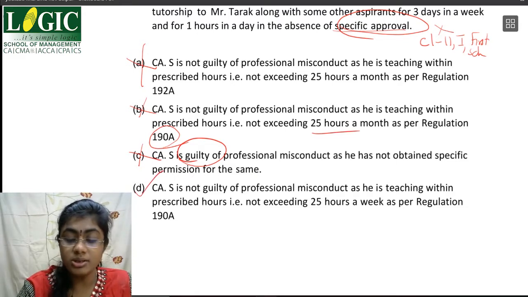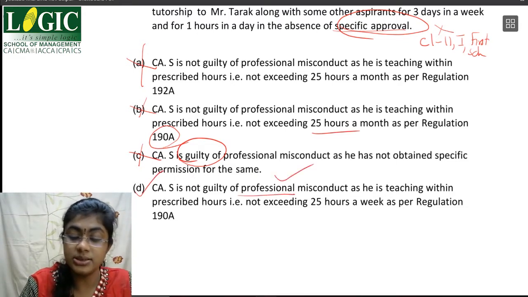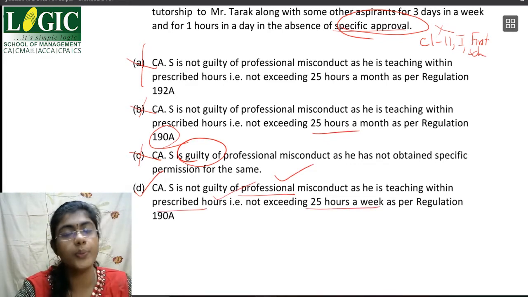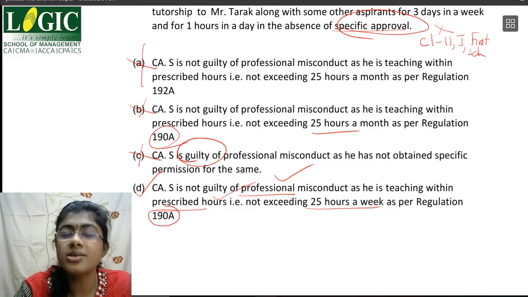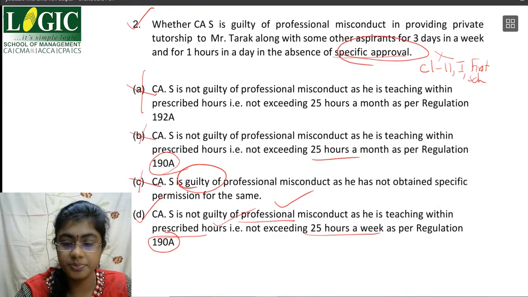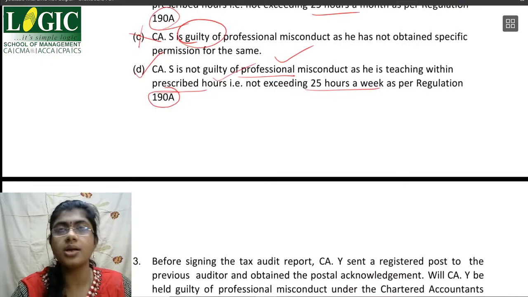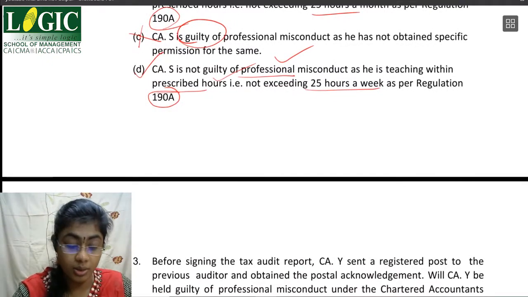CAS is not guilty of professional misconduct. Fine. As his teaching is within prescribed hours, 25 hours a week, and regulation 190A. It's council regulation. Guideline. So answer would be D. This answer we have already discussed while we were reading the question.